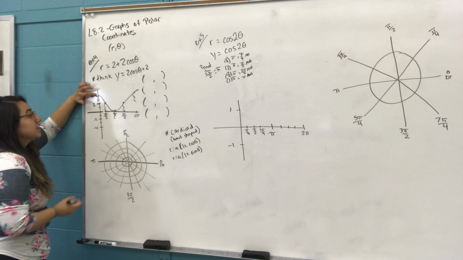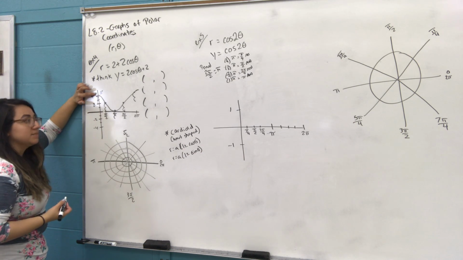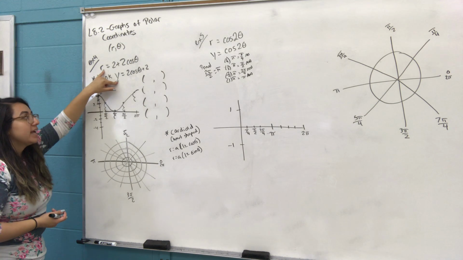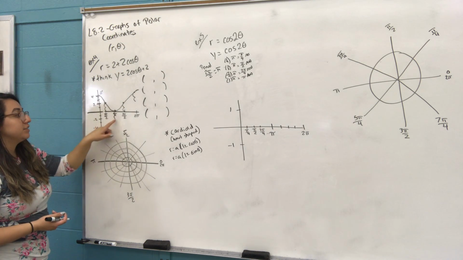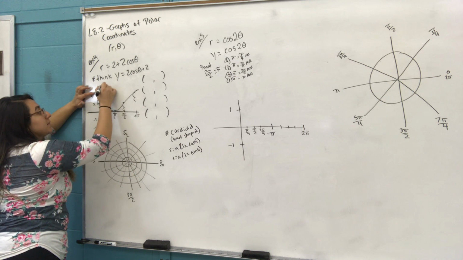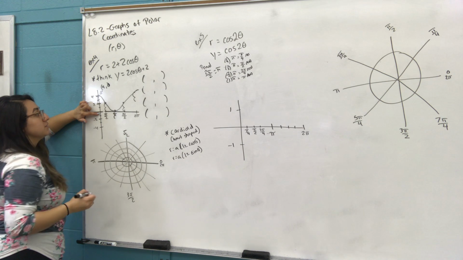So at this point, we're not going to do x, y anymore. We're going to do radius, degrees. So our y is going to be considered our radius, and our x is going to be considered our degrees here. So here, our radius is 4, and the degree that it's in is 0, so 0 degrees.